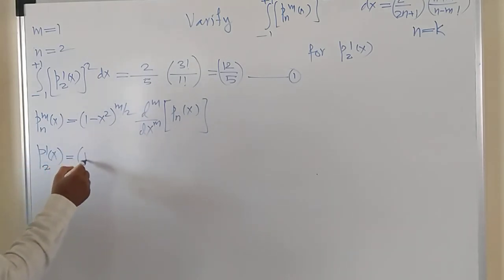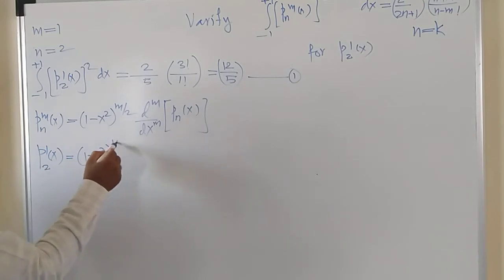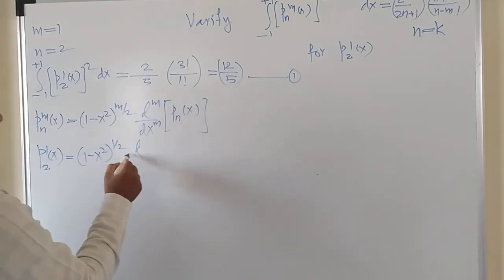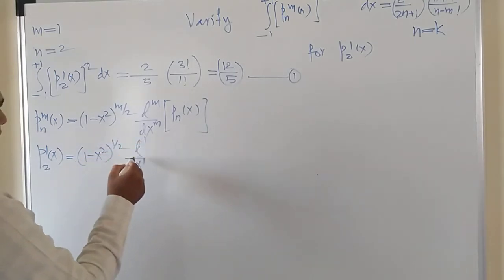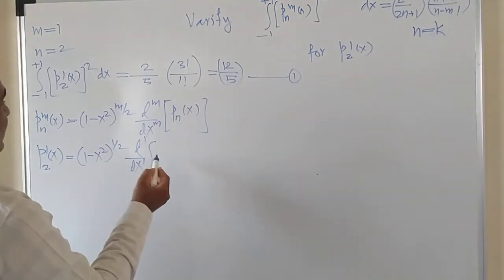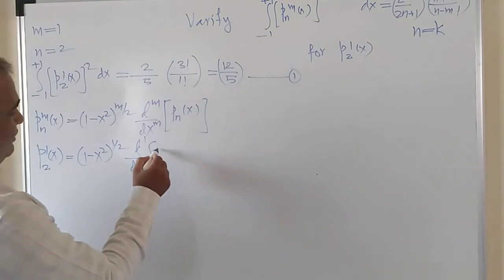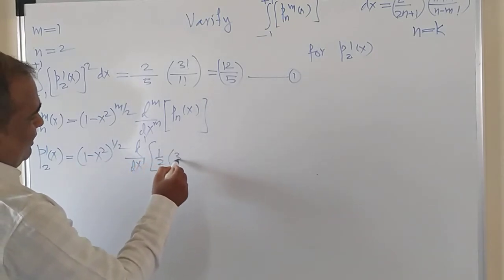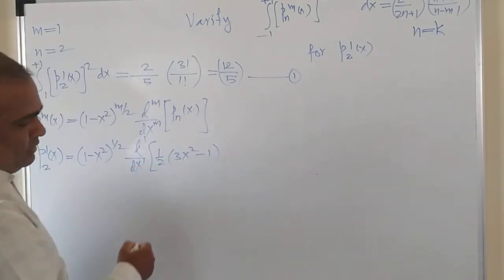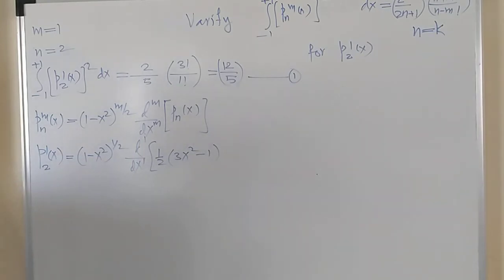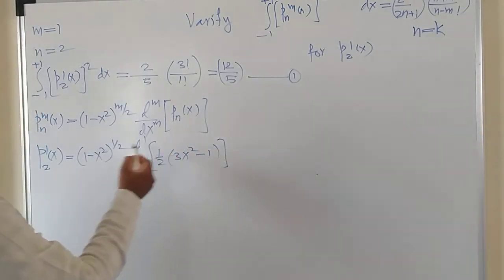This P21 of x will be equal to 1 minus x square raised to power half, and m is equal to 1, so first derivative of P2 of x. What is P2 of x? P2 of x is equal to 1 half times 3x square minus 1. Isn't it? And then take the derivative.